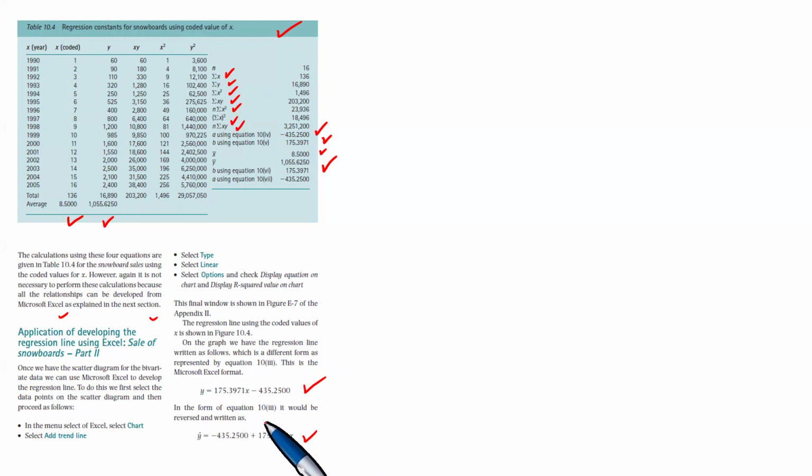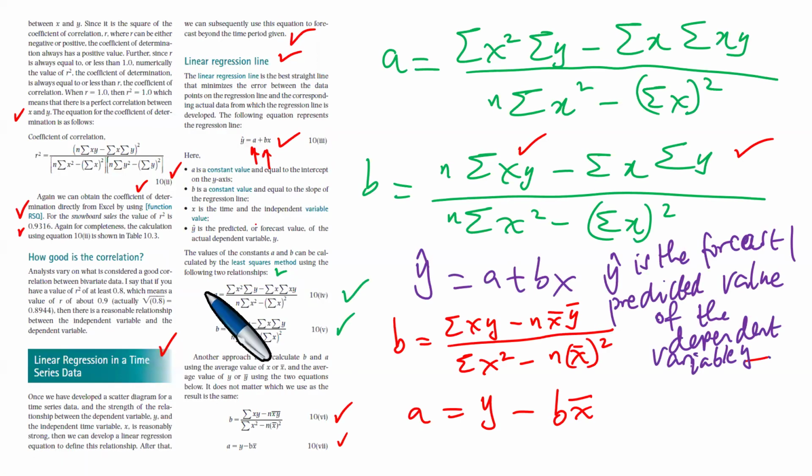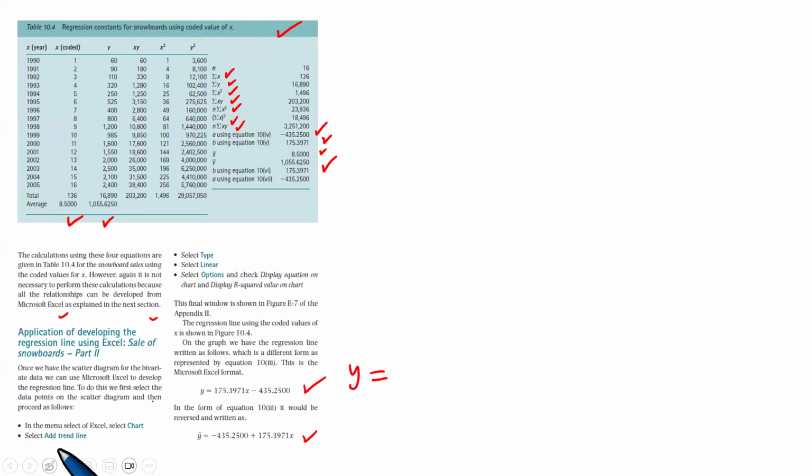In Excel's format, y equals bx plus a, whereas y hat is a plus bx.